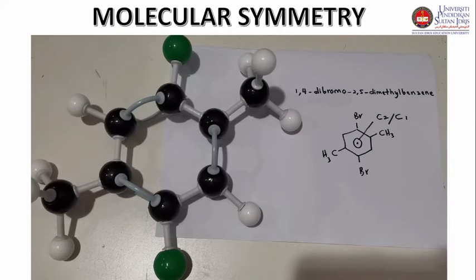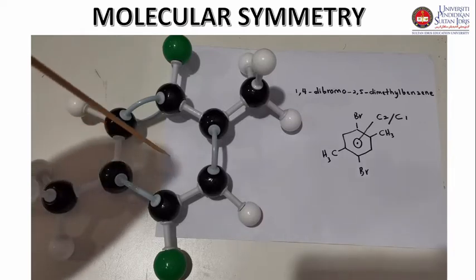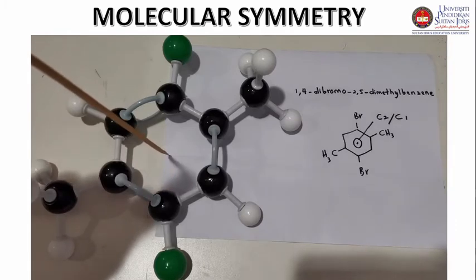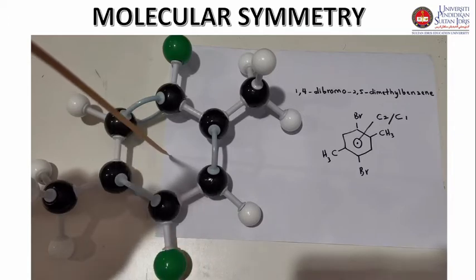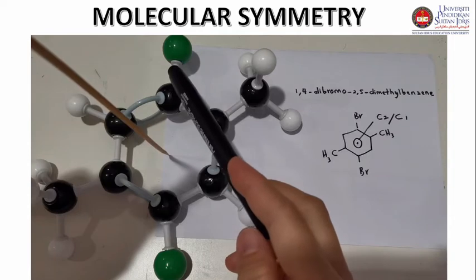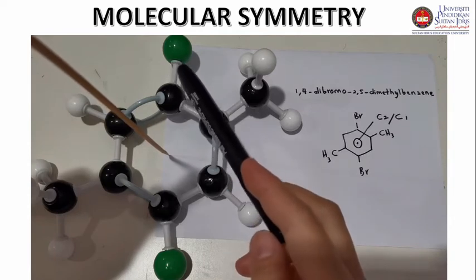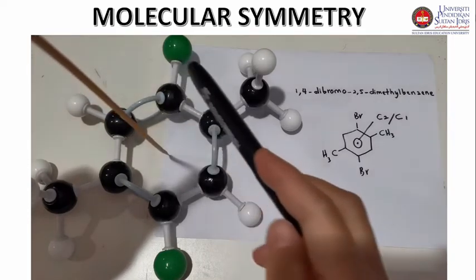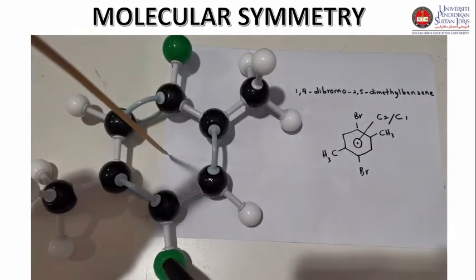Okay guys, now we clearly understand. First of all, we check the symmetry operations of this molecule, starting with the C2 axis. If we consider this axis, this is a C2 axis, and we can clearly observe that this bromine atom rotates through 180 degrees about this axis and can cover the other bromine.